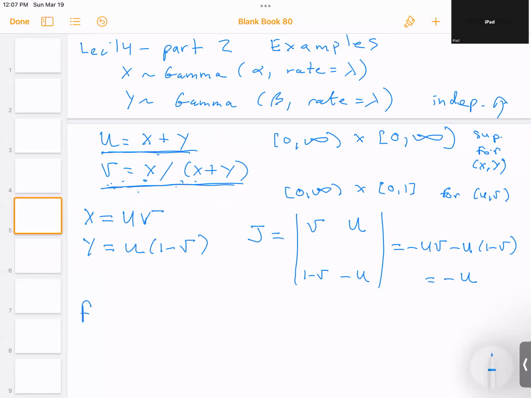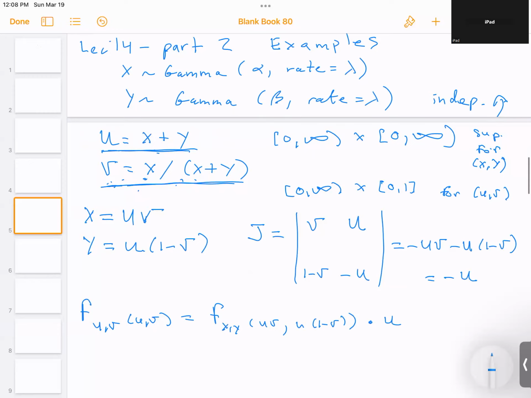We have f of uv, little u, little v, equals, let's first write the joint PDF of xy evaluated at x and y in terms of u and v, so uv and u times 1 minus v, and then times the absolute value of J, which is just u. Okay, so this is what I need.